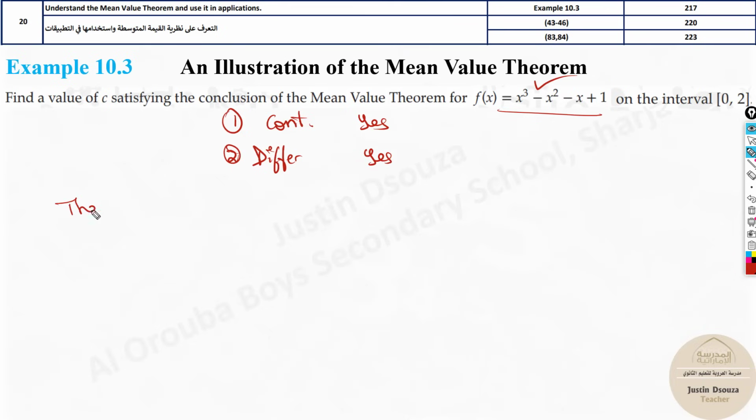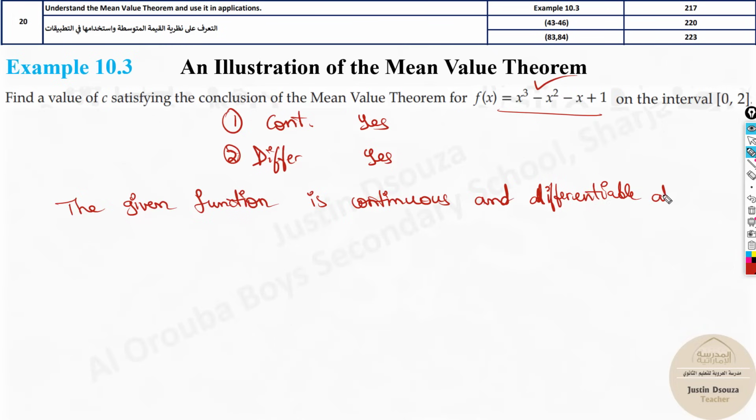The given function is continuous and differentiable at the given interval.